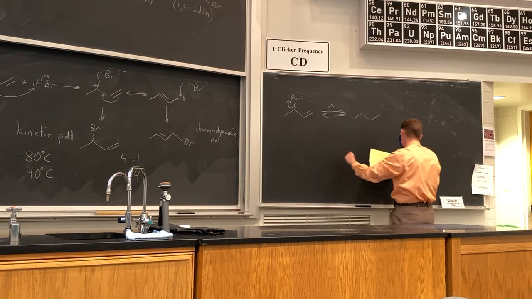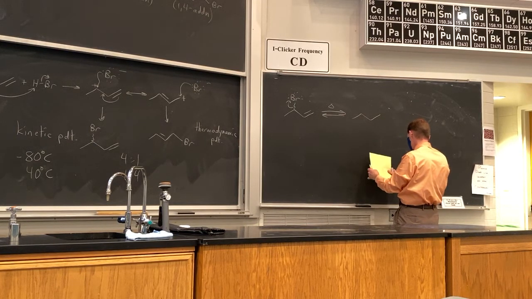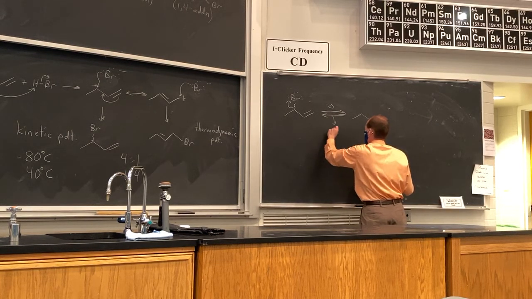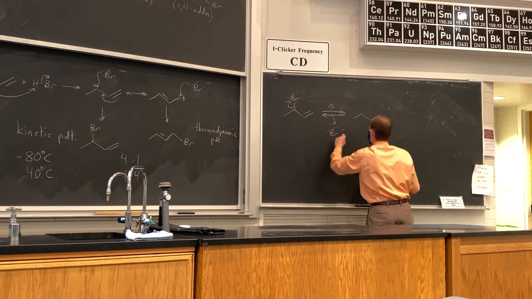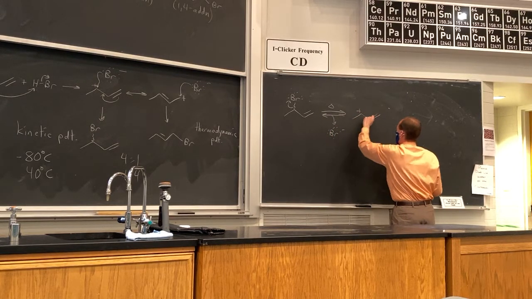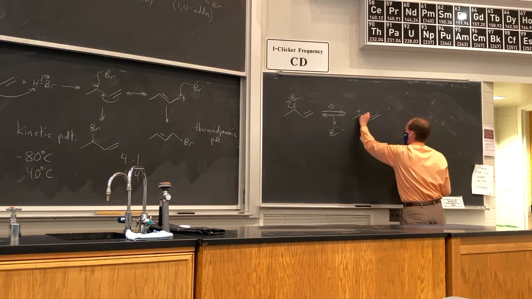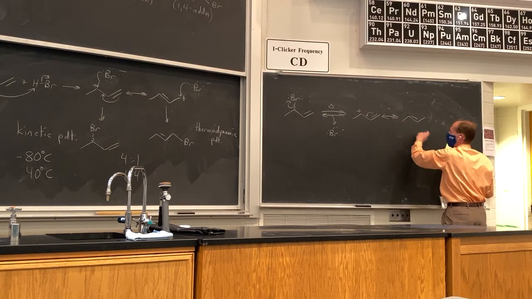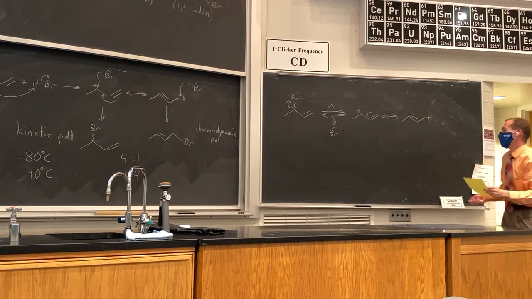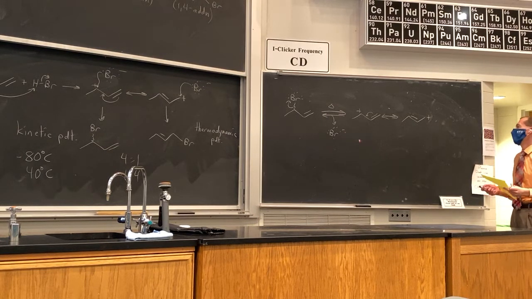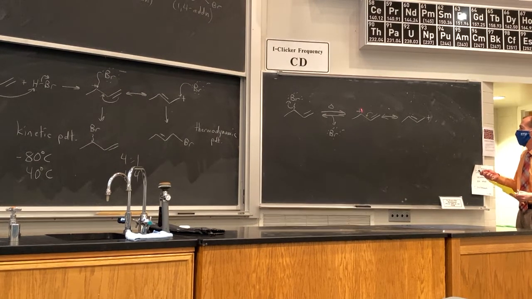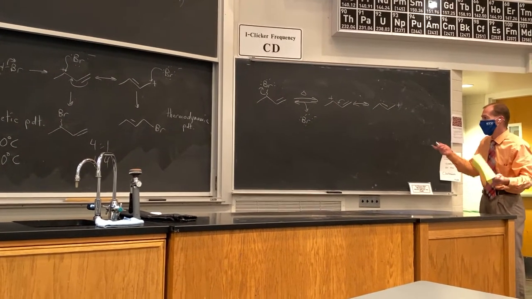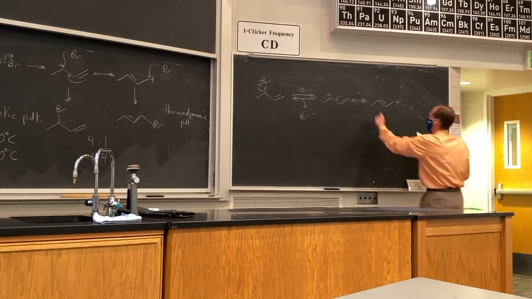Okay, so we are losing bromide in this step. We generate this carbocation. Of course, this is a resonance stabilized carbocation. And then the bromide that is released can come back in and attack either at this carbon or that carbon. If it attacks here, we simply go back to the starting material.